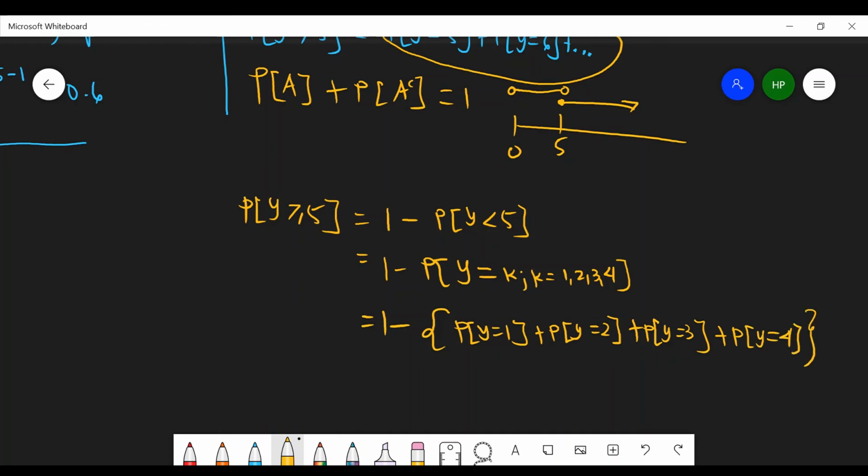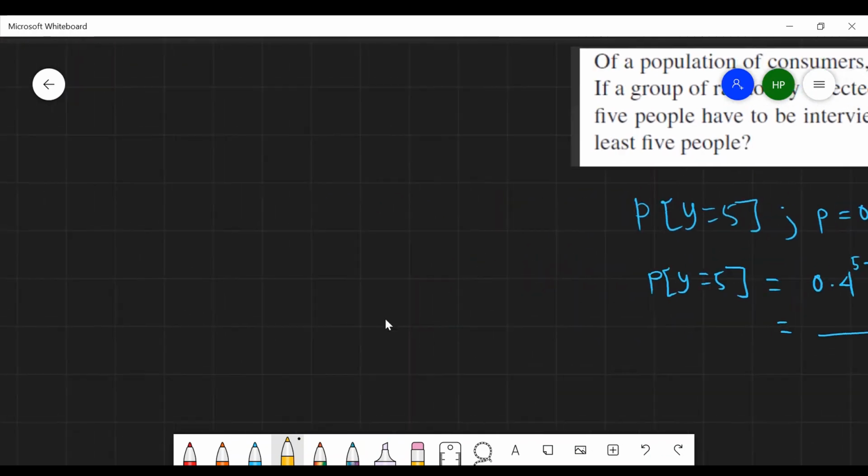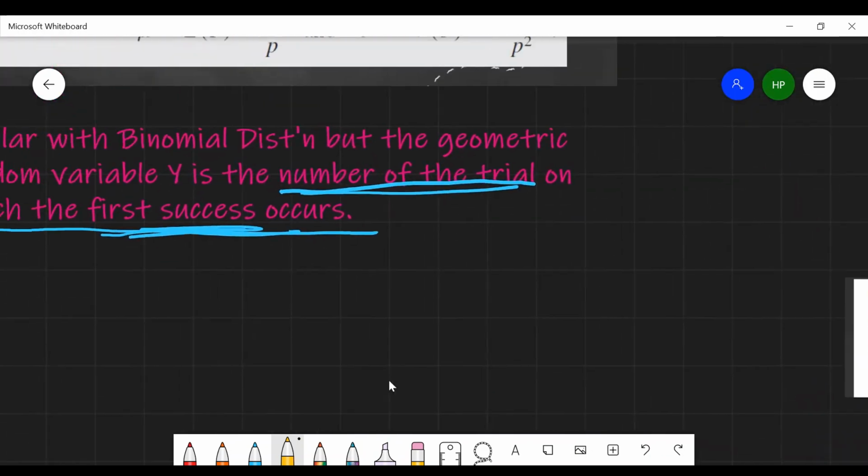Again, if you have a good calculator, pwede kayong gumamit ng summation notation, yung sigma notation doon. Pero kapag wala, iisa-isahin yan. Okay? And again, I'll leave you this example as exercise. Okay? So, balikan natin ha. Huwag malilito. Yung binomial, meron kang success and failure rate.